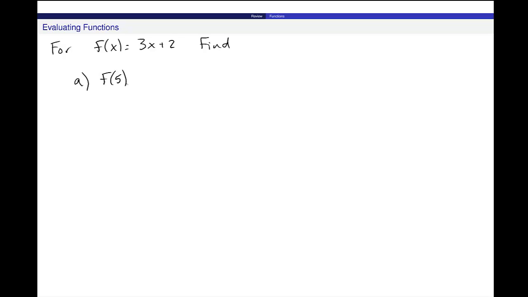And that means everywhere I see x in the original, I want to plug in 5. So here I'll write the original again. f(x) = 3x + 2. And when I go to f of 5, I plug in the 5 here. Now, a quick tip, you'll see that I plugged it in parentheses. That's always good to do when you're plugging things in, especially until you get used to this notation, to make sure you don't miss anything. So 3 times 5 is 15 plus 2, that should be 17.